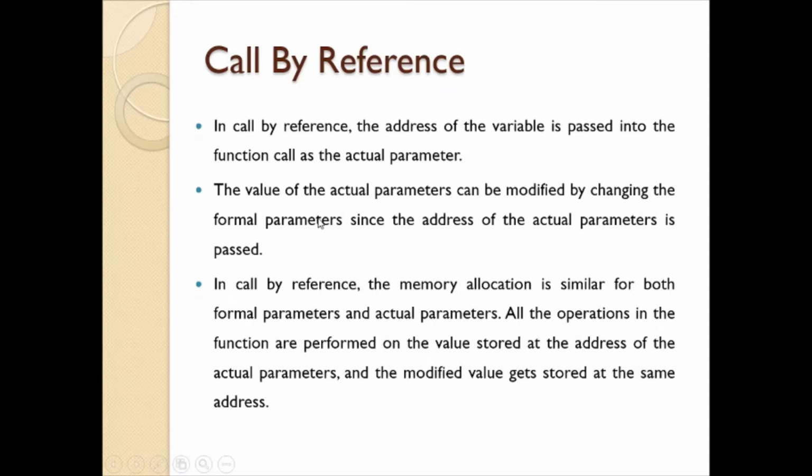So here, as you are passing the address of actual parameter to the formal parameters, whatever changes you make with respect to these formal parameters will get reflected in actual parameters, because there are no separate memories allocated for this actual and formal parameters. These formal parameters will be pointing to the memory of this actual parameters. Let us see how it is.